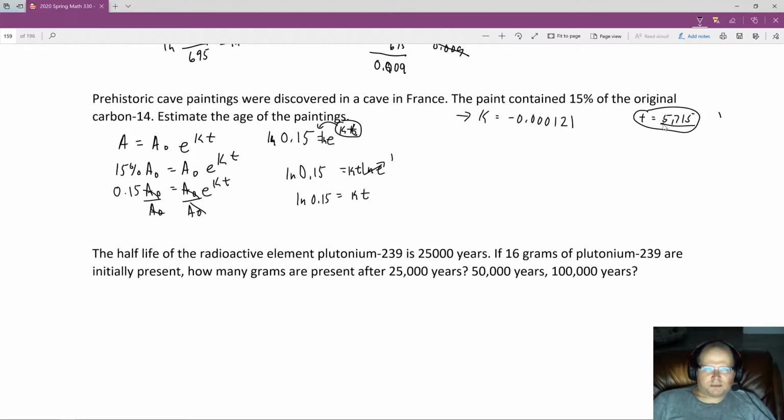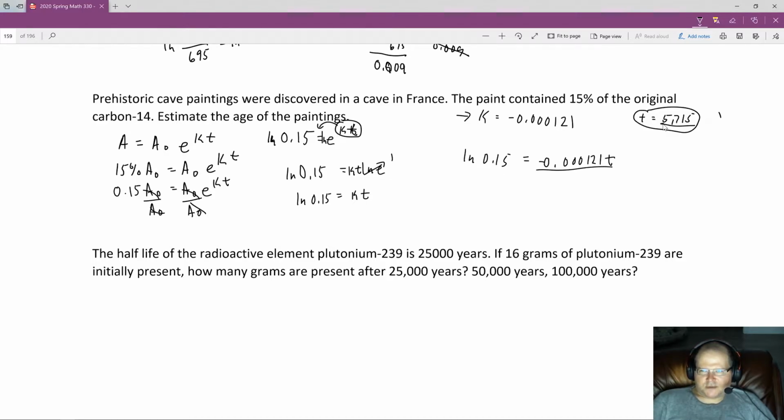So at this point, I'm just going to plug in my k. So it's going to be the natural log of 0.15 is equal to k, which is negative 0.000121 t.